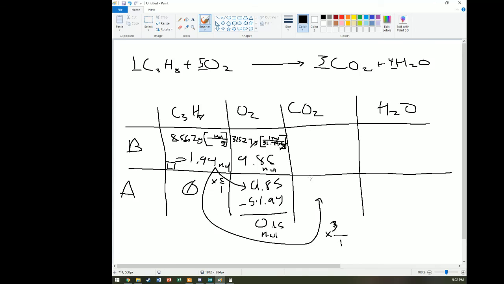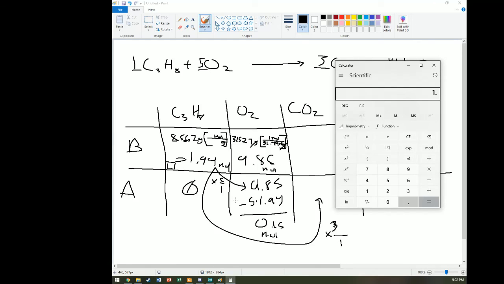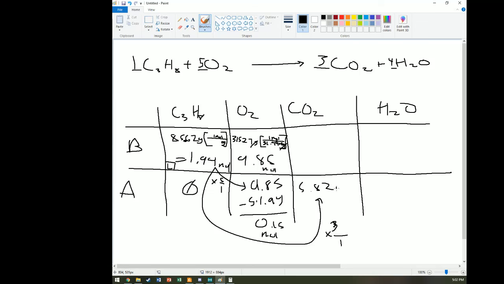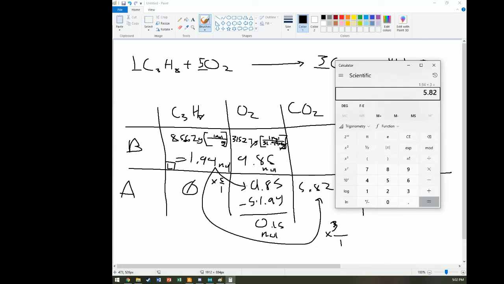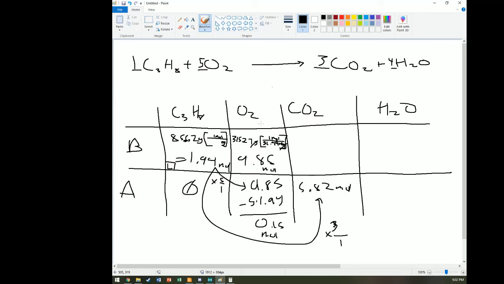So, as we can see here, we multiply by 3 over 1, which yields us 5.82 moles. And then lastly for H2O, since that's 4 here and 1 here, it's in a 4-to-1 ratio, we want to quadruple it.